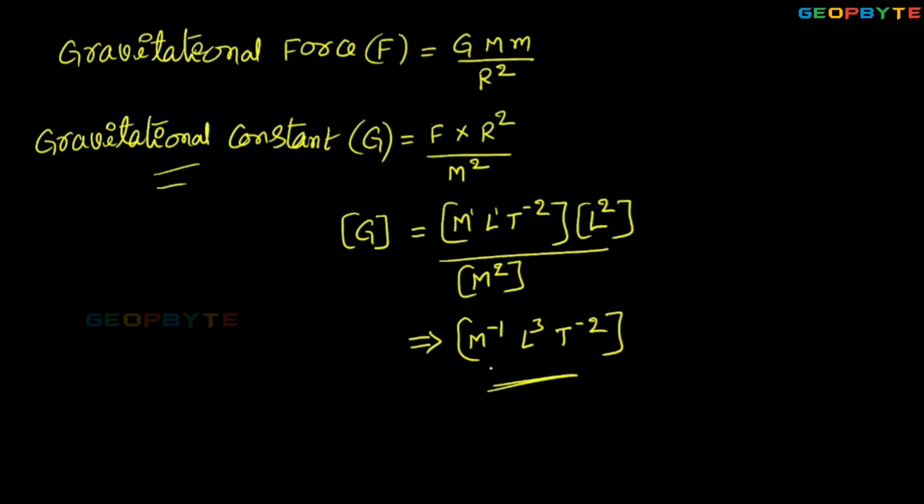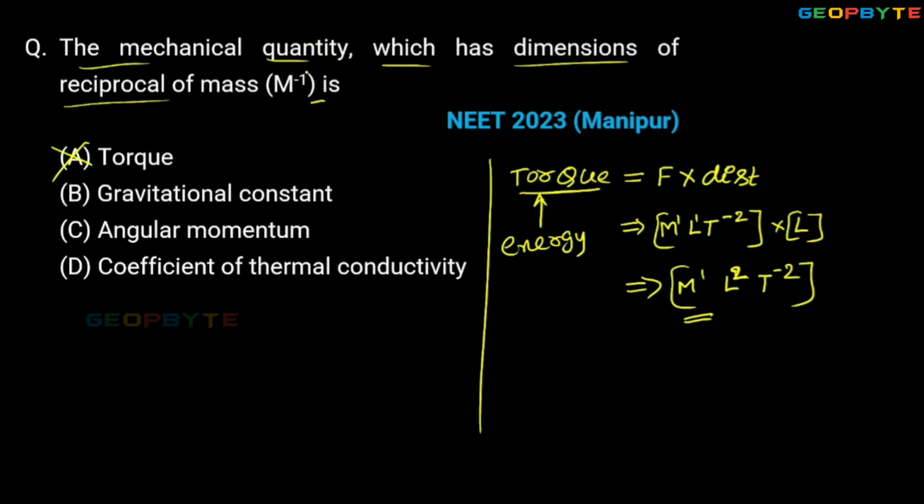Look at the dimension M power minus 1. It is asking which quantity has the dimension reciprocal of the mass. Definitely B can be selected. Now let us decide for angular momentum and coefficient of thermal conductivity also. Angular momentum equals the product of angular velocity and moment of inertia.